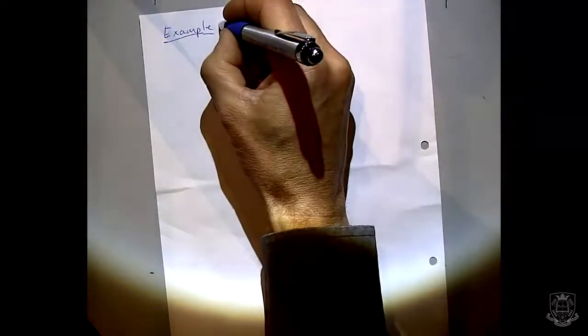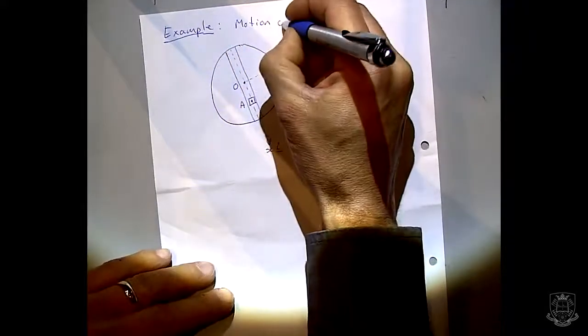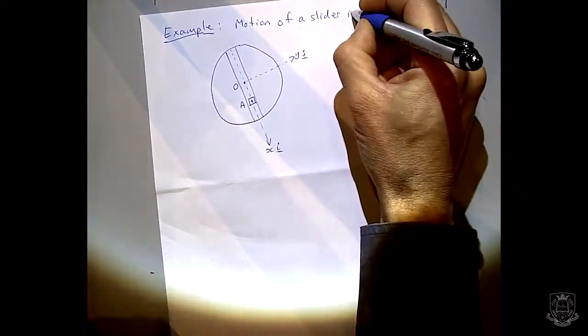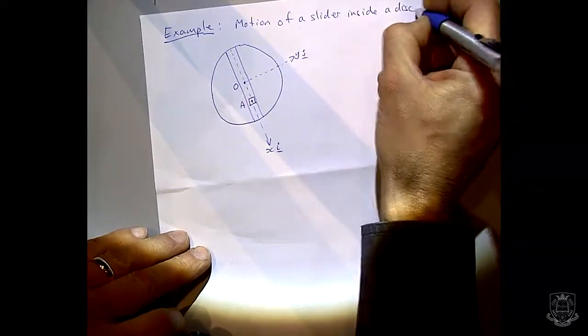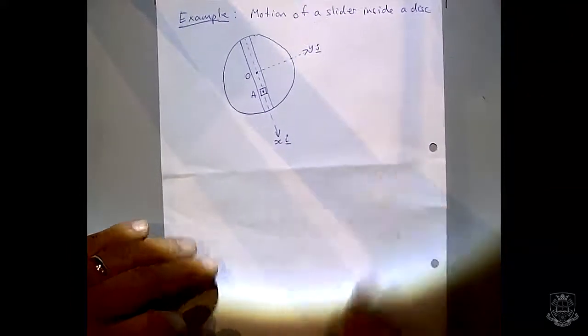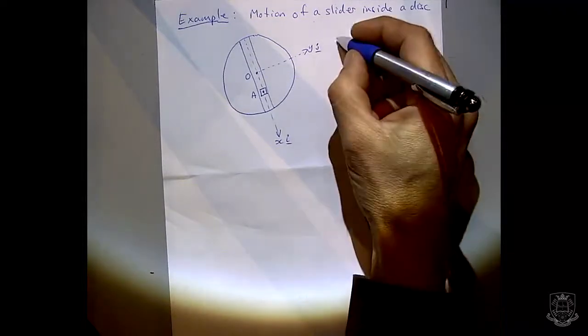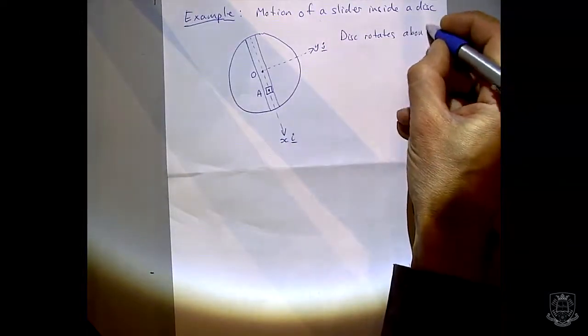So this example is called motion of a slider inside a disc. The disc rotates about O, which is the origin.